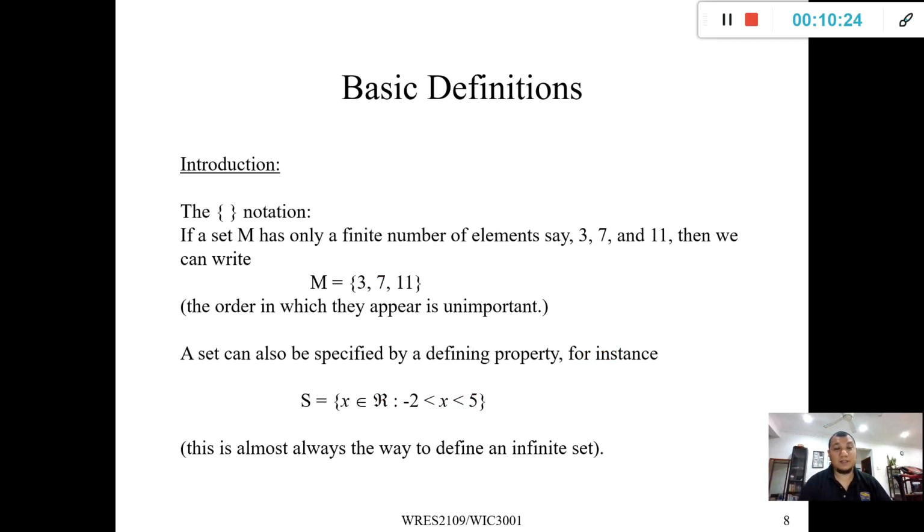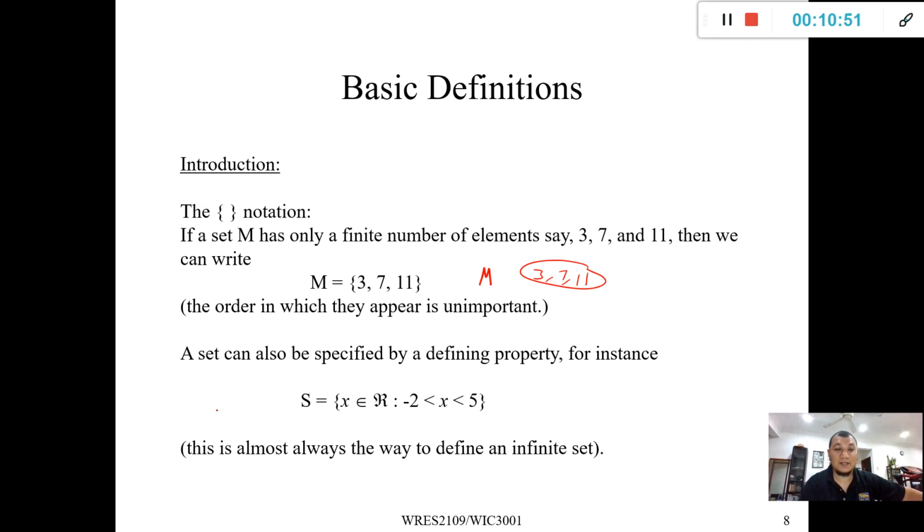If set M has only a finite number of elements, say 3, 7, and 11, then we can write M = {3, 7, 11}. This is set M, with the numbers 3, 7, and 11. The order in which they appear is unimportant. It can be 7, 3, 11, or 11, 3, 7, and so on.